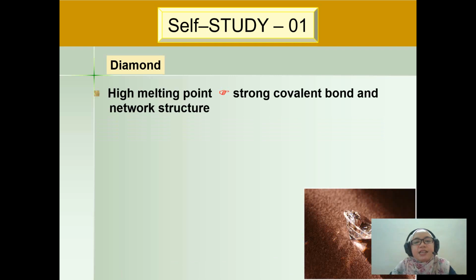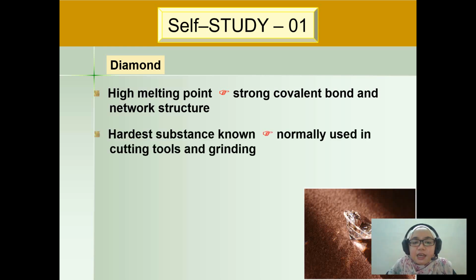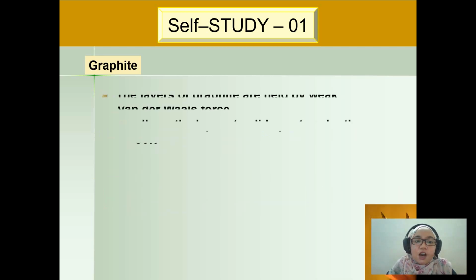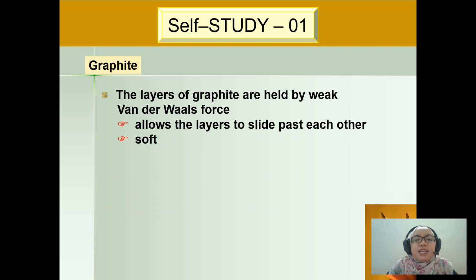So diamond has a high melting point because it has strong covalent bond and has network structure. Okay. And it is the hardest substance that we have learned. Diamond is very hard. Okay, and it is normally used as cutting tools and grinding tools. Okay. So all valence electrons are used in bonding, so there is no free moving electron, so it does not conduct electricity. Okay, however graphite, the layers of graphite are held by weak van der Waals forces, London forces.